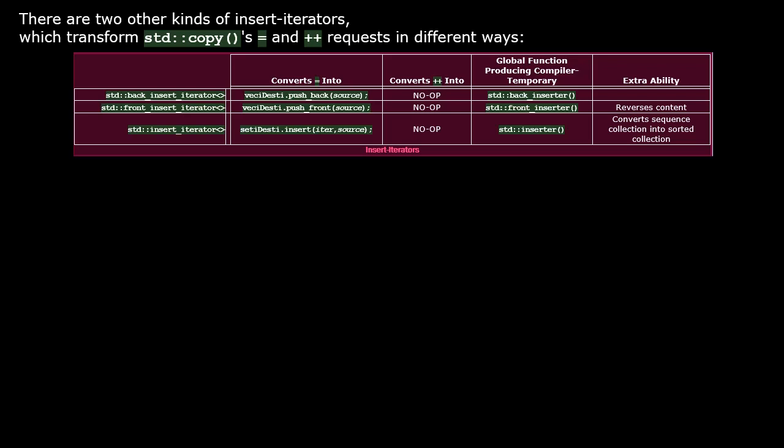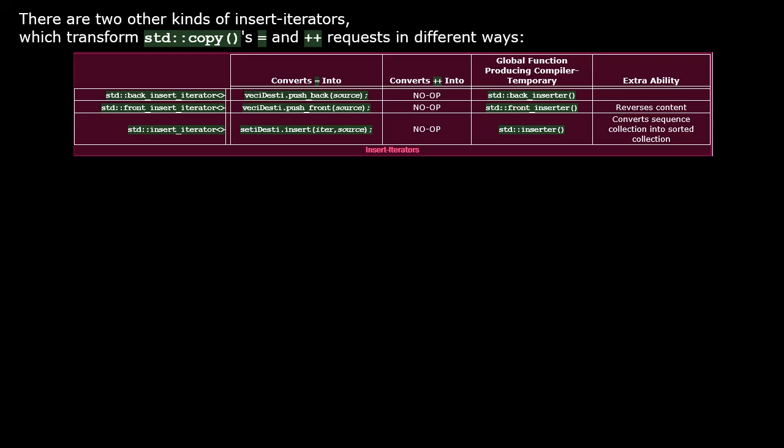STL provides another class called the front insert iterator, which has been implemented using that push_front call. Again, you don't need to manually define your own front insert iterator variable if you instead use STL's global function that produces it as a compiler temporary.